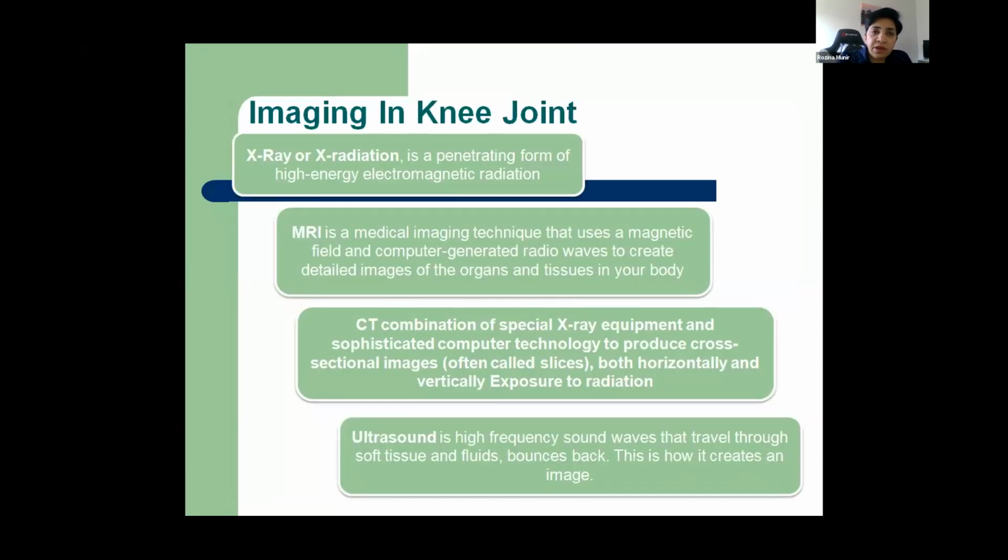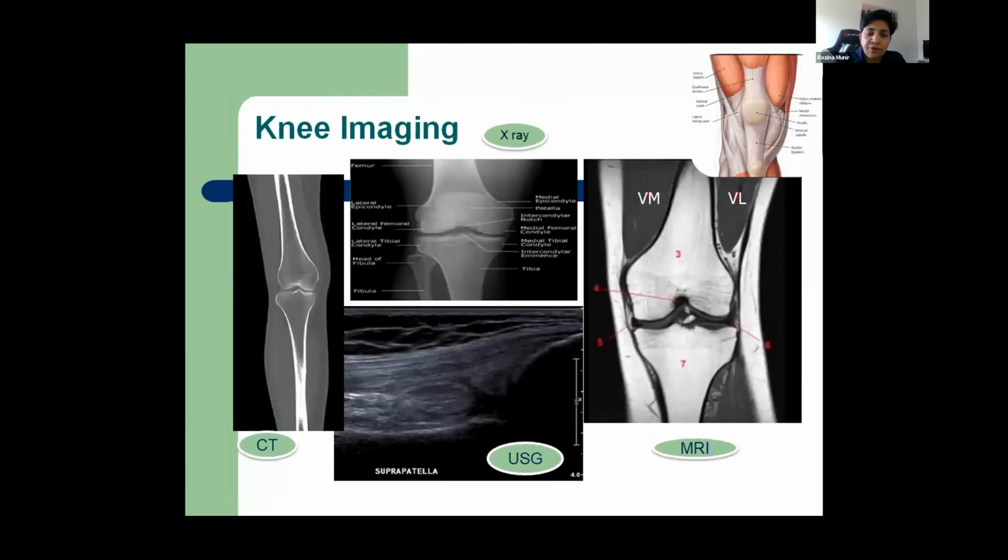Now coming to the imaging, there are a number of ways by which the knee joint is evaluated. The most common are the X-rays, the MRI, the CT, and the ultrasound. These are the imaging modalities most commonly used in the clinics and in the hospitals. If you look over here, this is the X-ray. On the X-ray, you can see the bones of the femur, and this is the tibia.